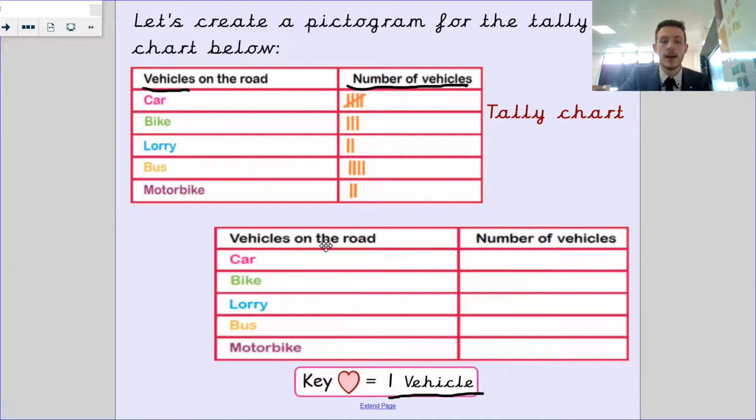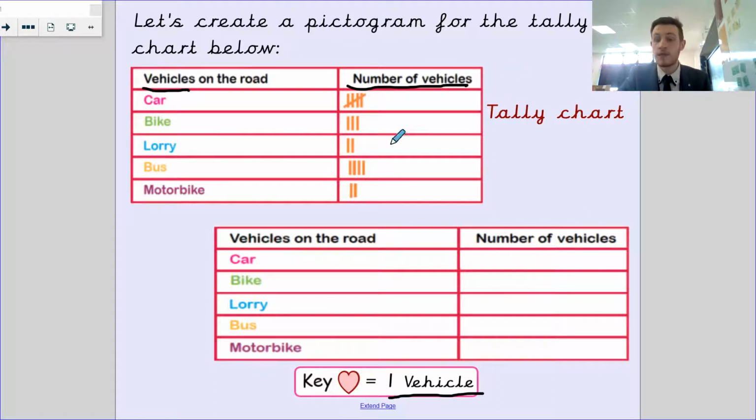So how many cars were on that road that we saw? Well, let's have a look. Number of vehicles. One, two. Let me get my pen. That's easier. One, two, three, four, five. Oh, silly Mr. Watkins. I didn't need to count that because it's already a full group because it's got the line going through like that.